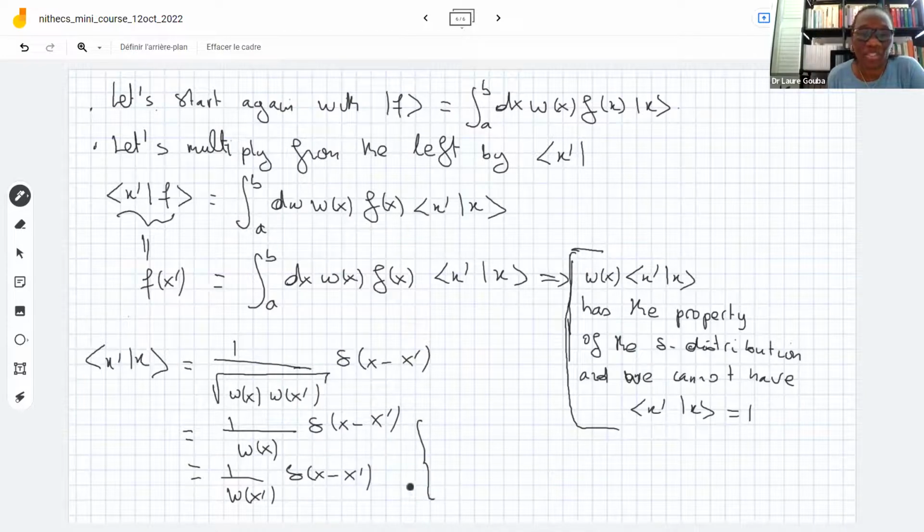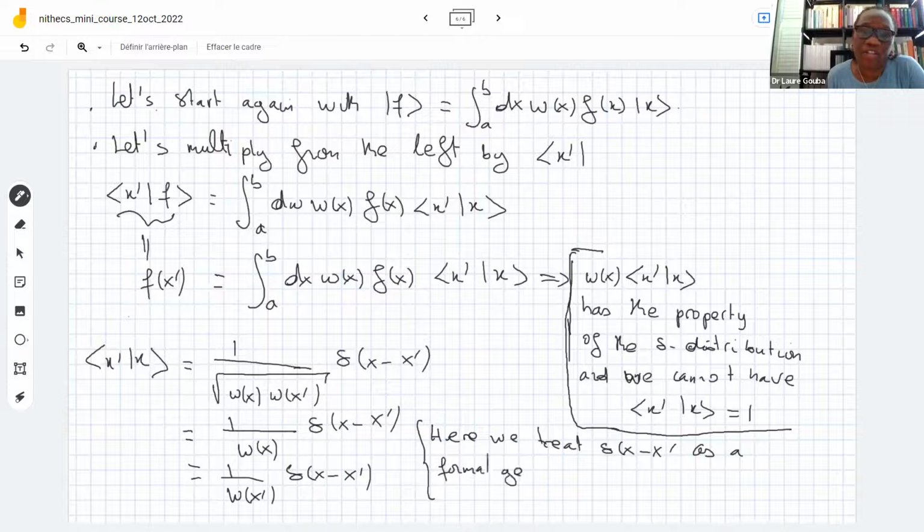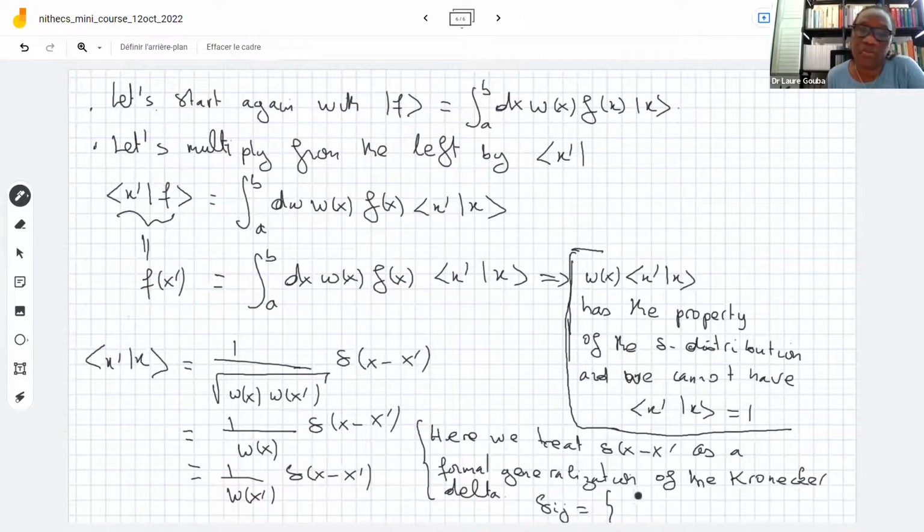So here we treat delta x minus x prime as a formal generalization of the conical delta. And the conical delta is when you have delta ij equal to 0 if i is different from j, and 1 if i is equal to j. This is the conical delta function.